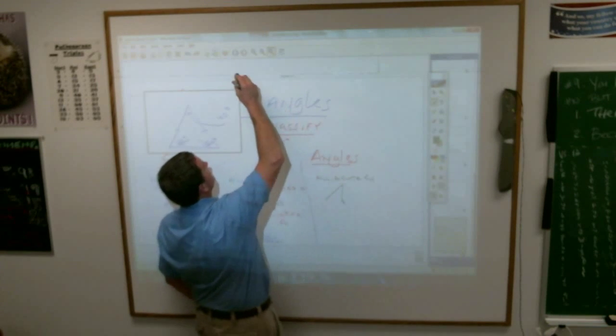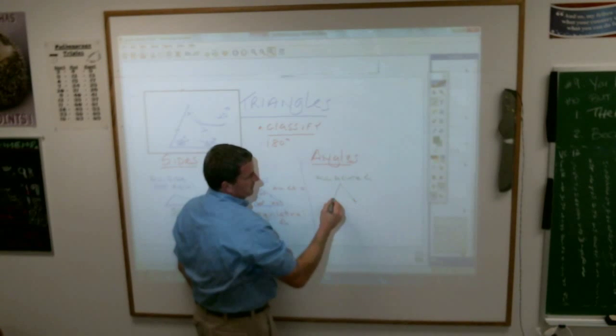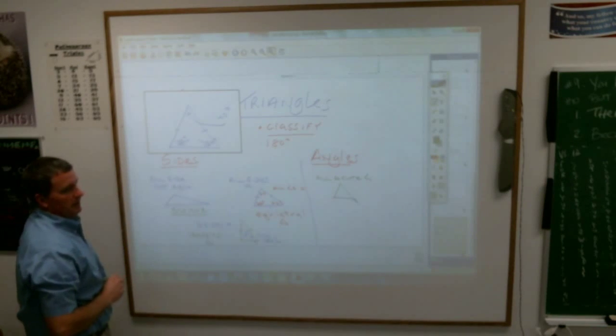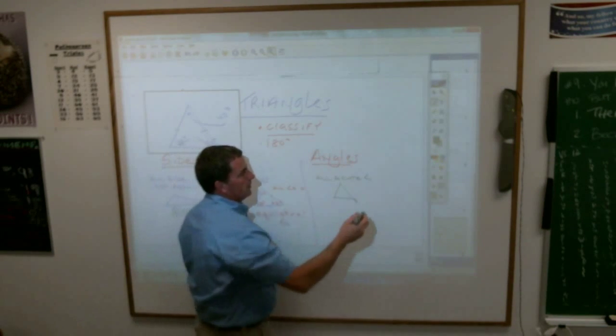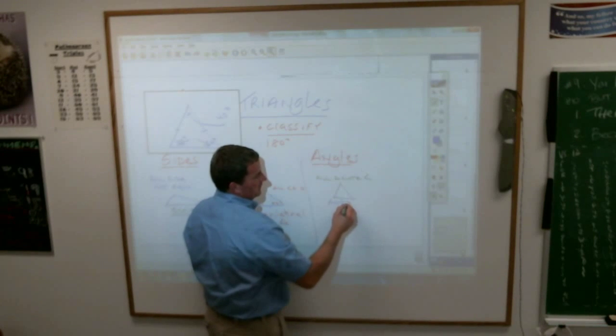Let's just do this one. All acute angles, which means, and I know this is a hard stretch for you, that it is an acute triangle. I know that's hard to imagine.